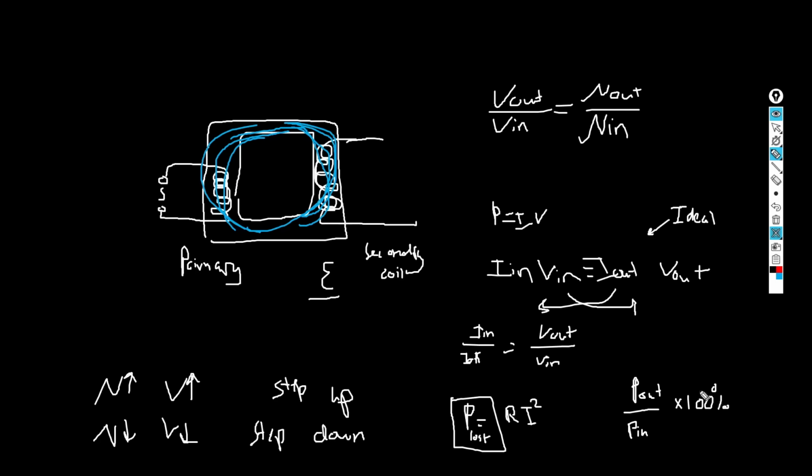Okay, times 100%, that is the formula to find the efficiency of a transformer. So if it's 100% efficient, that's an ideal transformer, which doesn't exist. If it's anything less, it's not. Okay, now also this iron core, we insulate it a bit.